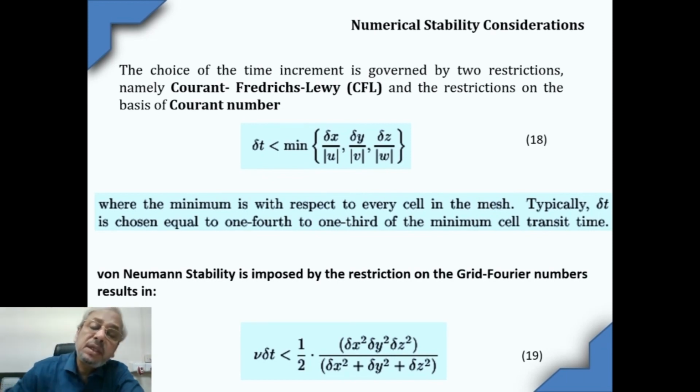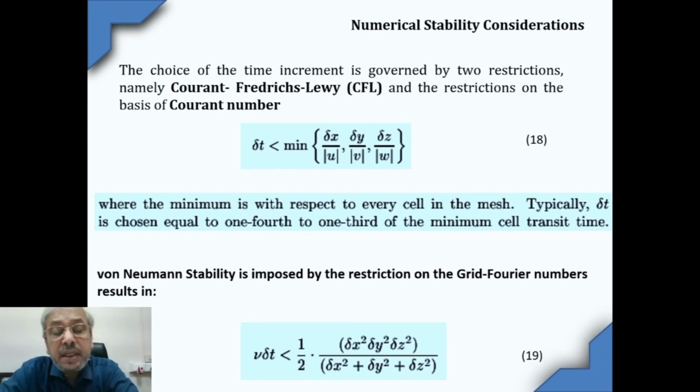That is well, but it is less than the minimum of that, but how much less, that also one has to know or estimate. So typically delta t is chosen equal to 1/4 or 1/3 of the minimum cell transit time. So delta t in each cell is calculated, from that the minimum is found out, and whatever is that value, usually 1/3 or 1/4 of that value is used for time advancement.